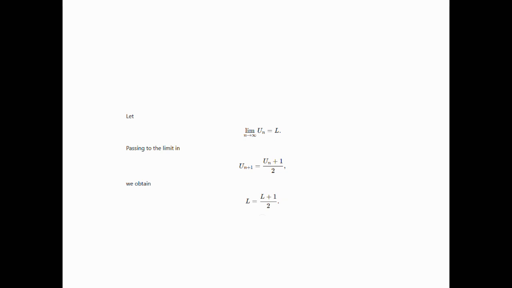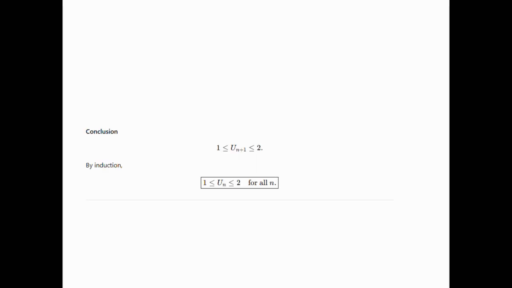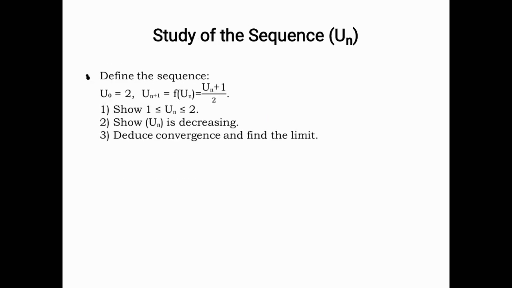Remember that un is given in terms of a function f, where u(n+1) is equal to f of un, and f of un is equal to (un + 1) over 2.